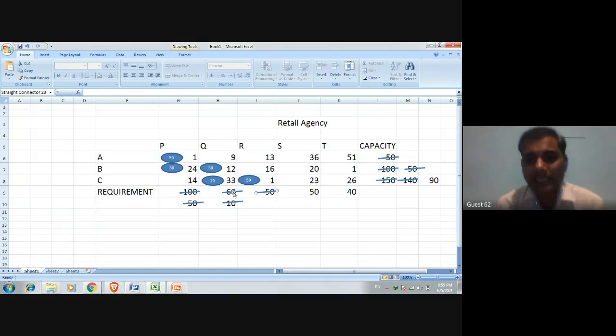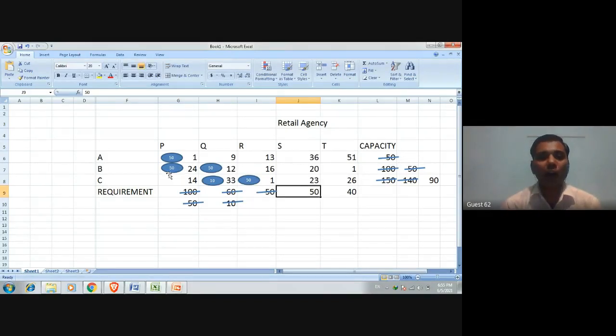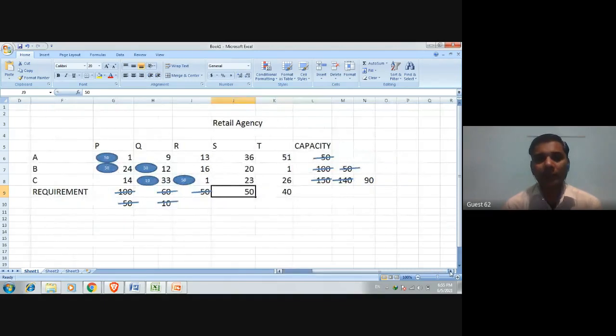Again, what is the requirement of retail agency S? The requirement of retail agency S is 50 units. But how many units are in warehouse C? That is 90 units. So we will allocate the 50 units, because between the 90 and 50, which one is minimum? That is 50 units.